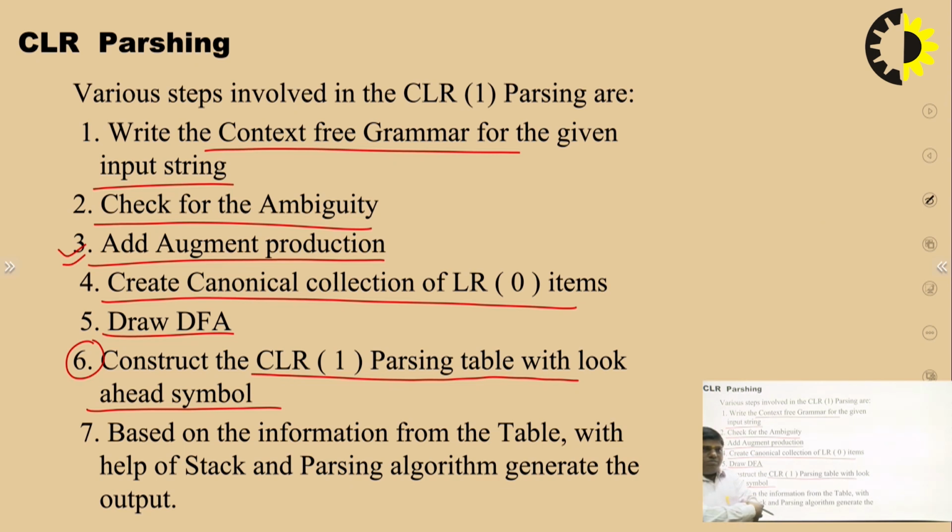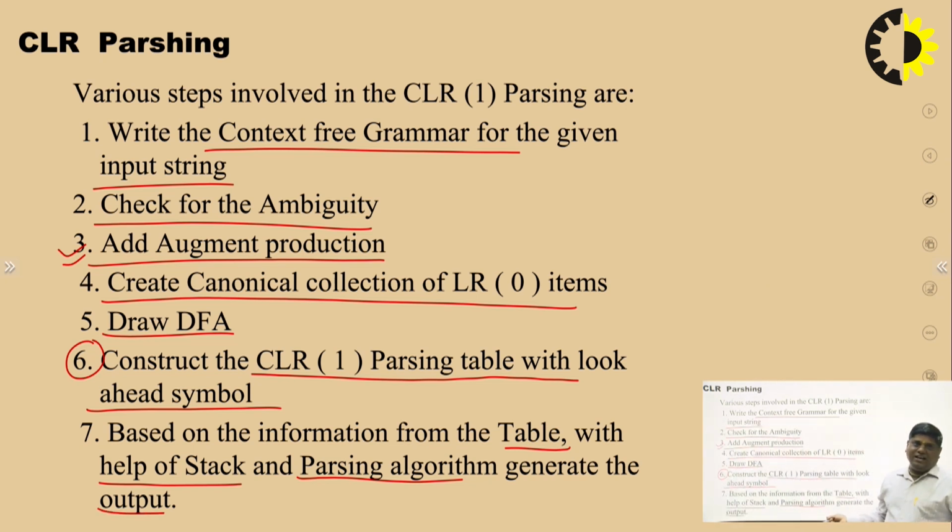What is the look ahead symbol? Very simple. The look ahead symbol is the first of the non-terminal that follows. We will take a very simple example to show how to create the look ahead symbol. Now, based on the parsing table, stack, and parsing algorithm, we generate the final outcome.